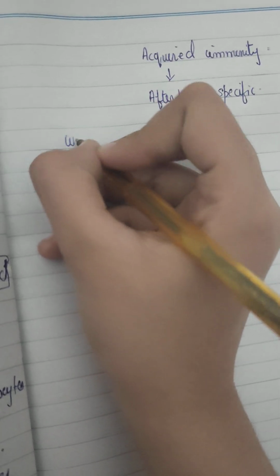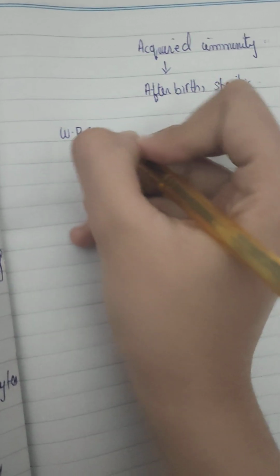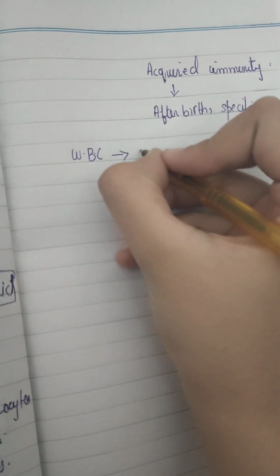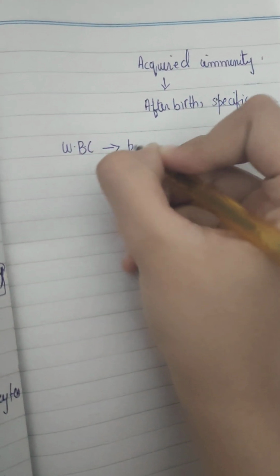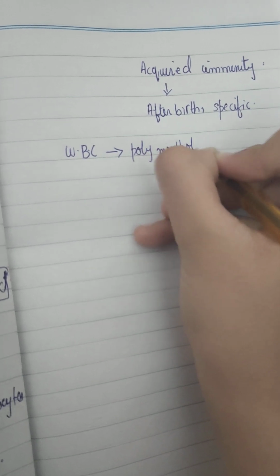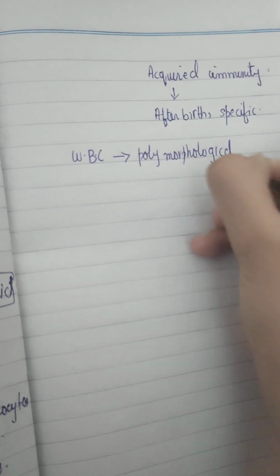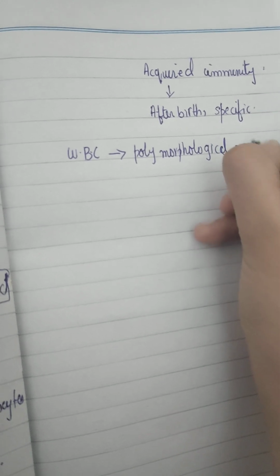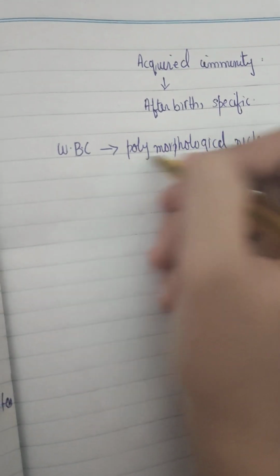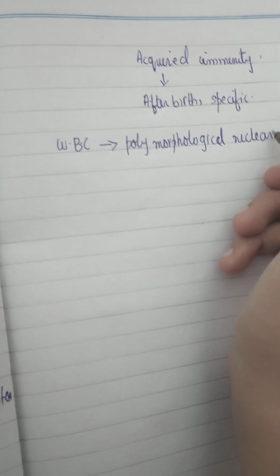Lymphocytes are basically a type of WBC. There are many types of WBC, but if we talk about them collectively, they are known as polymorphonuclear cells.